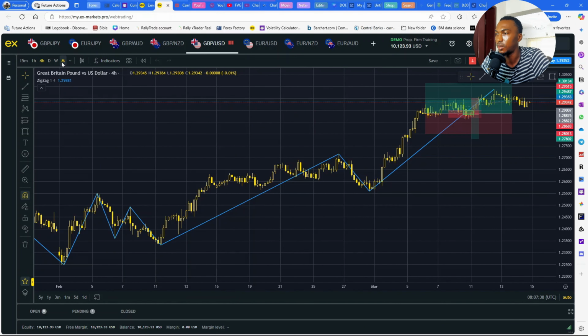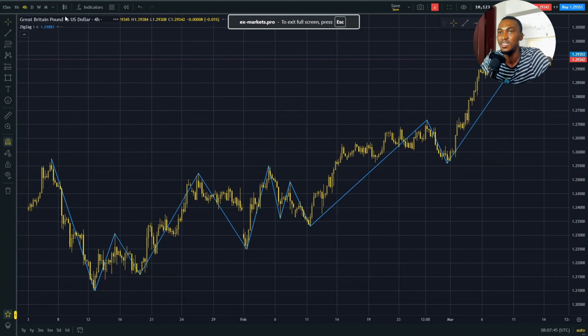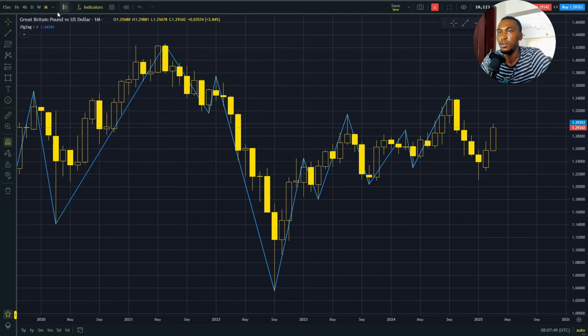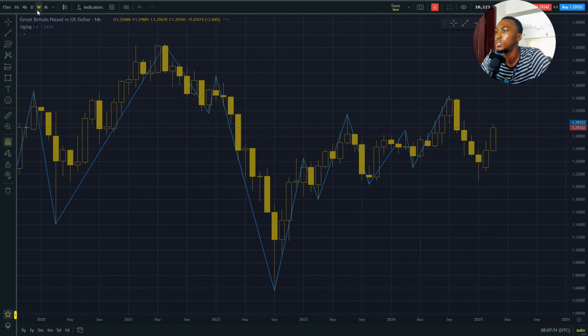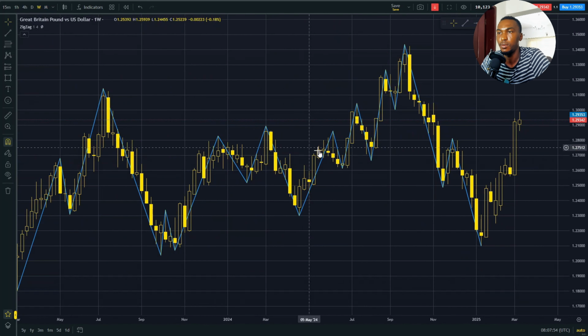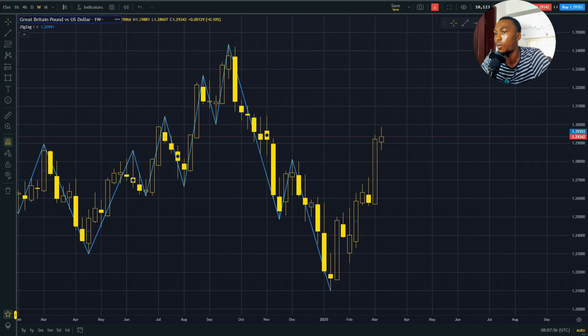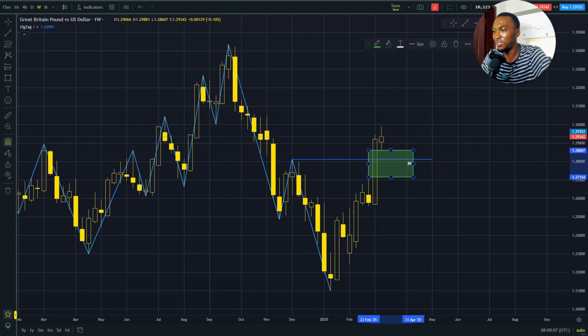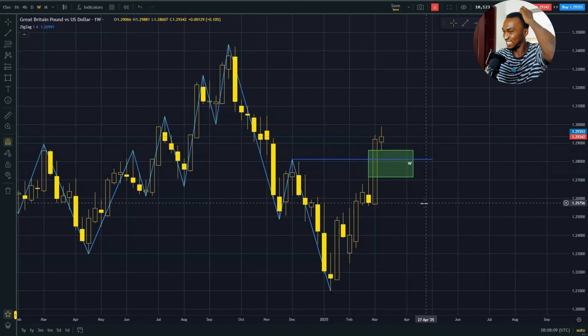British pound, US dollar. This has been my most adventurous currency yet. There's so much adventure in here. On the monthly, we're seeing a strong bullish move. On the weekly, wow. People, this by far is one of the most lovable sights in trading.